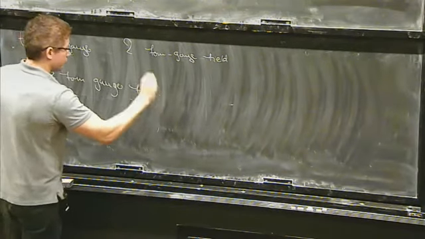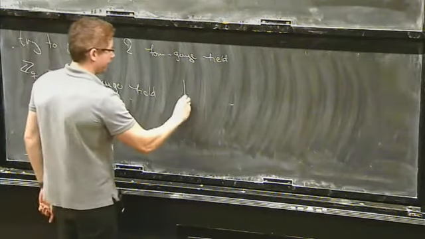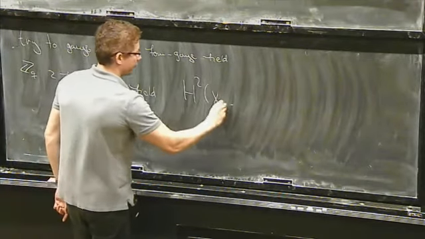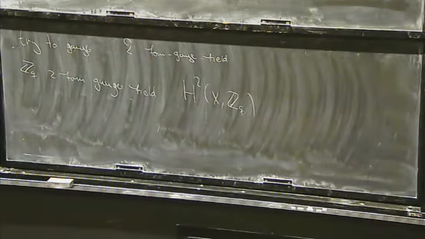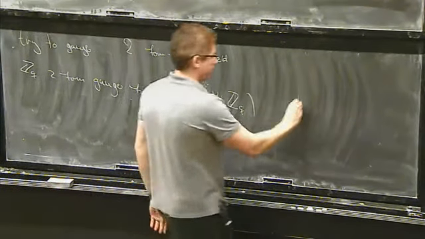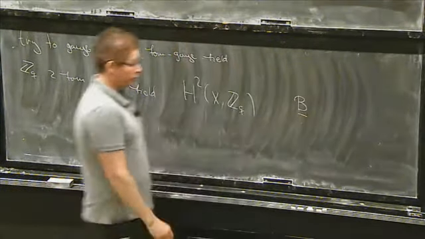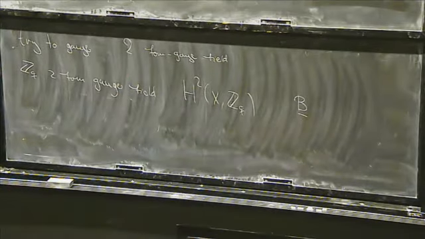This is mathematically basically an element of H2 with Z_Q coefficients. That's a two-form gauge field, and let's denote it by B. So how do we classify anomalies in 2 + 1 dimensions?